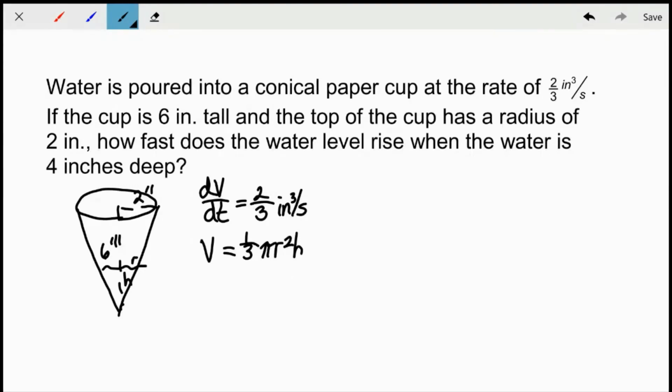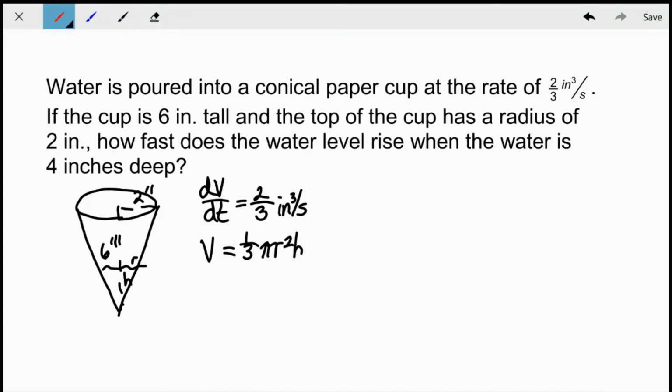And the last piece of this, which you may not recognize right away, is that I want to try to get my equation in terms of a single variable when I can. And in this scenario, I actually can. So there's some more sort of embedded given information that you don't recognize right off the bat. But look at the similar triangles that we have here.